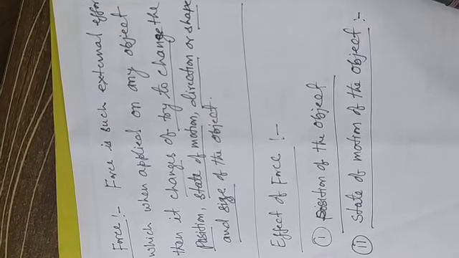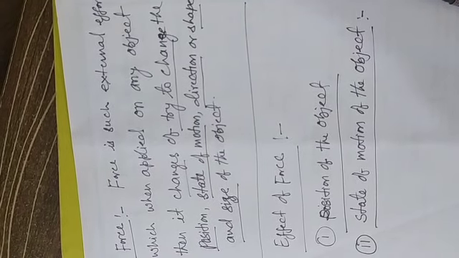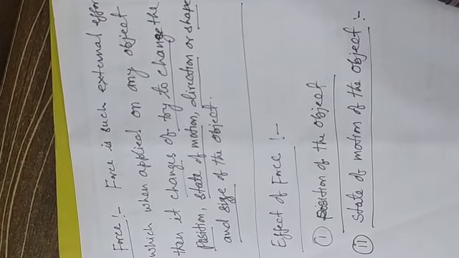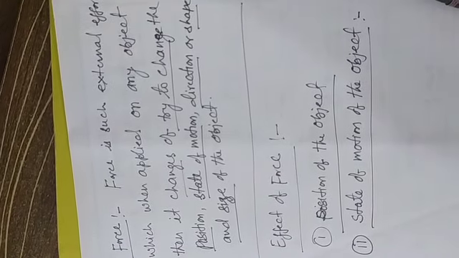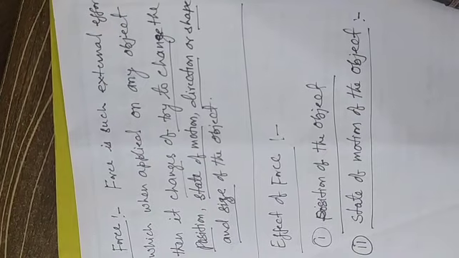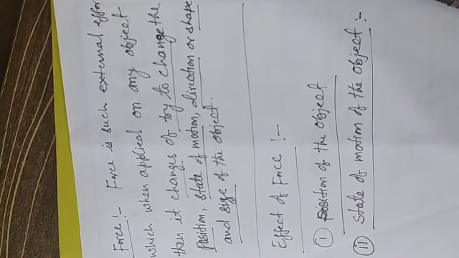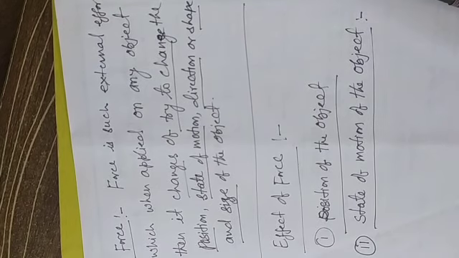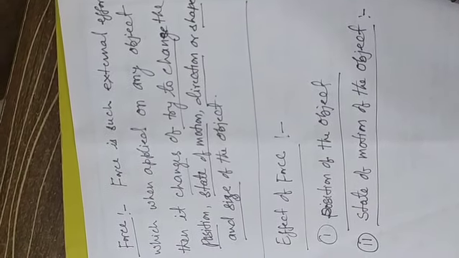So take another example. A small trolley is available in the field. Any boy can change the motion of the trolley, making it move from the state of rest to the state of motion.